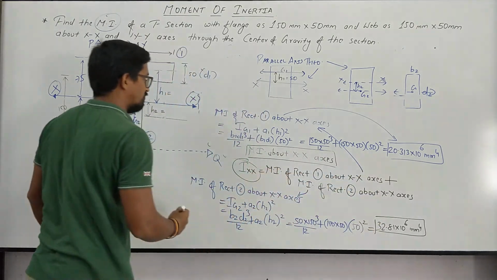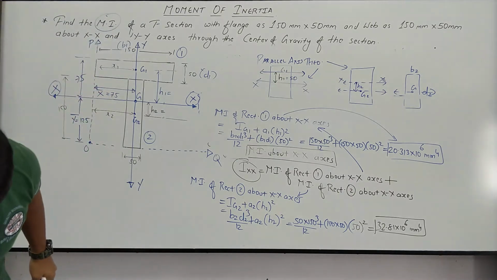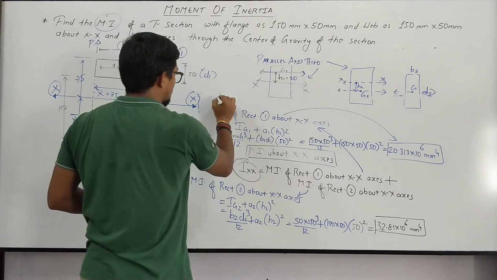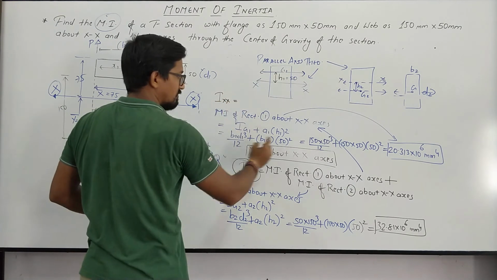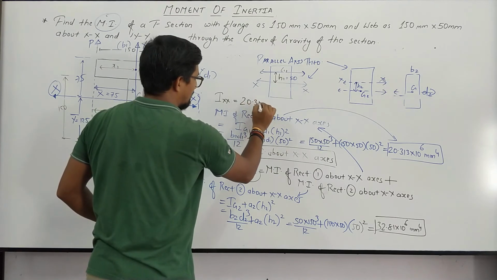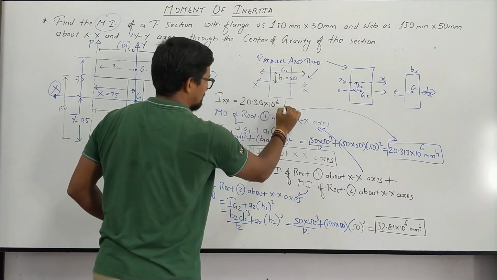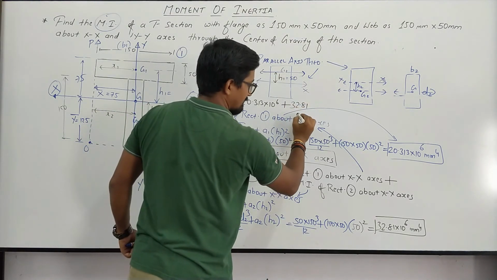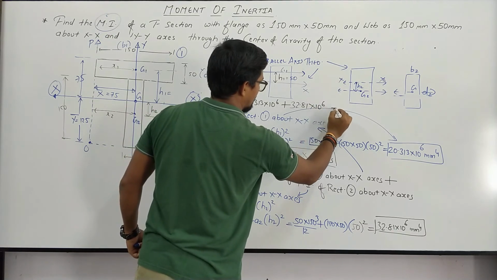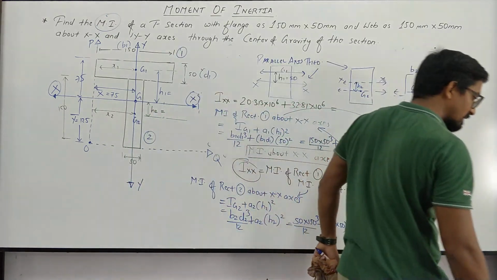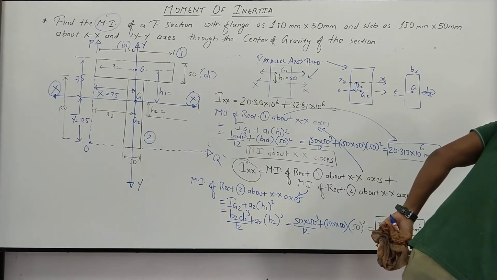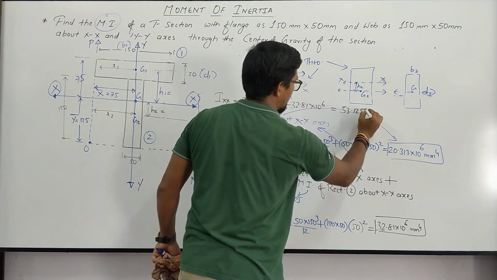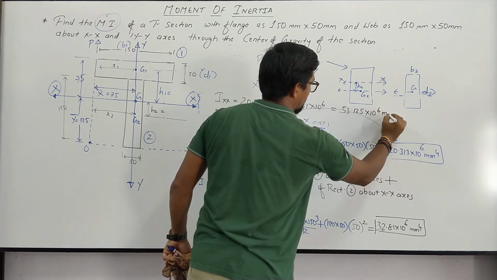So if we add these two, our Ixx is equal to 20.313 into 10 raised to 6 plus 32.81 into 10 raised to 6. The answer is coming out to be 53.125 into 10 raised to 6 mm raised to 4.